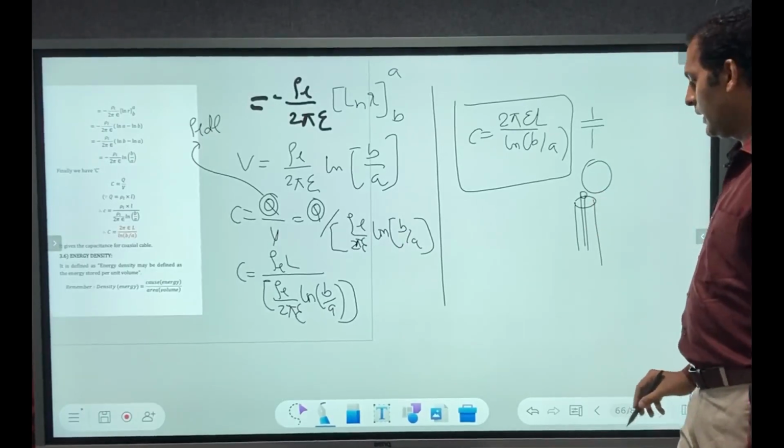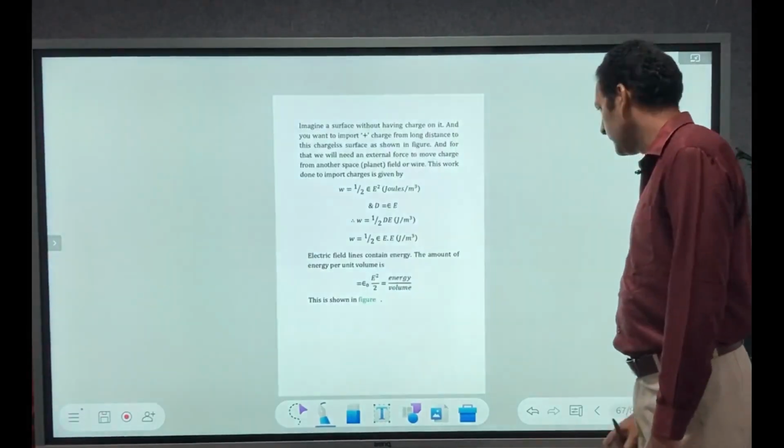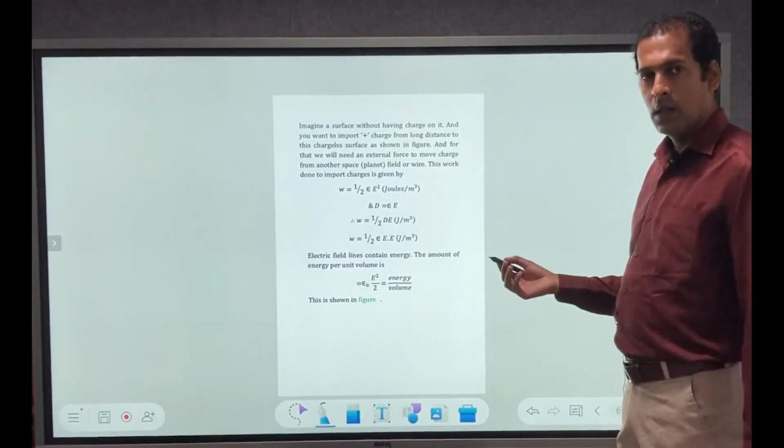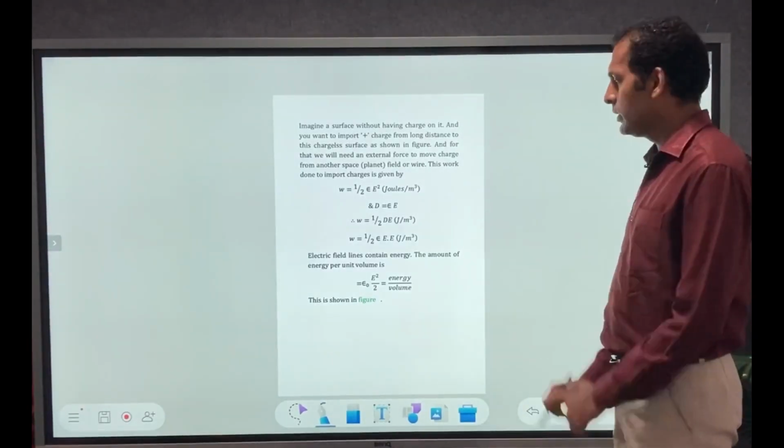Now let us discuss the next topic, energy density. So energy density is like how much energy is concentrated.